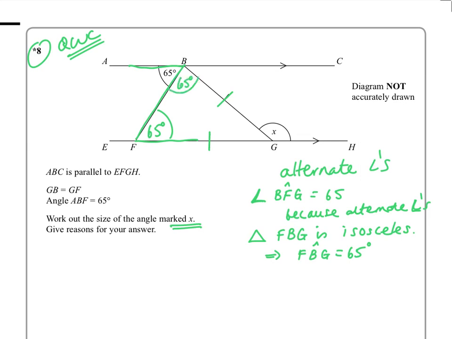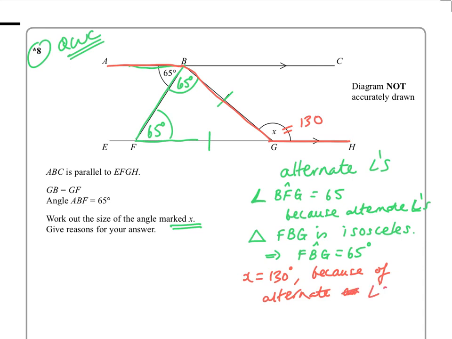And then I would personally use alternate angles again. So I'd have alternate, 3 syllables, 3 strokes of the pen. So alternate angles. And then I'd say x is 130. So I would say x equals 130 because of alternate angles.